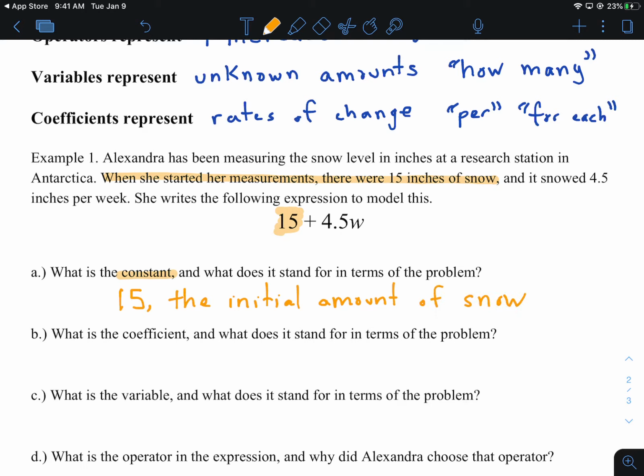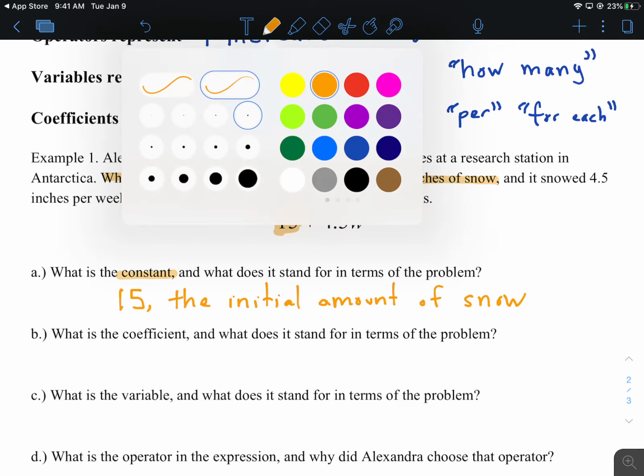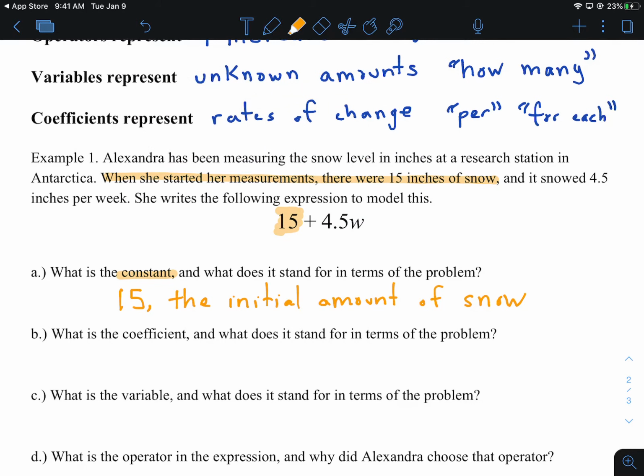Then we're asked, what is the coefficient and what does it stand for in terms of the problem? So the coefficient is the number in front of the variable. Here we can see it's 4.5. And looking in the description, we can see it snowed 4.5 inches per week.